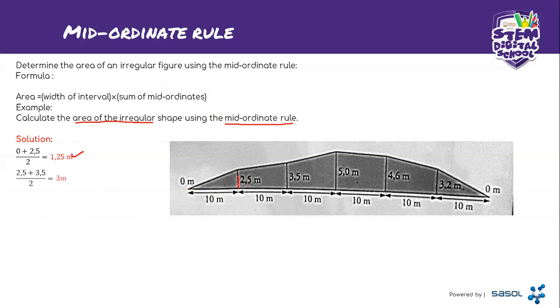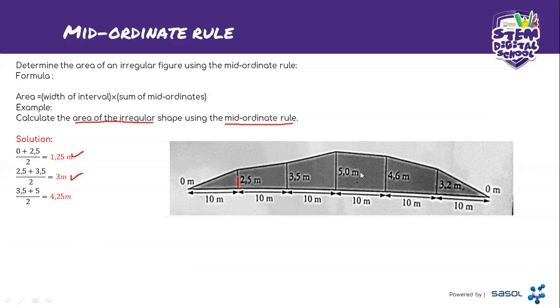Then you do the same with the next: 2,5 plus 3,5, divided by 2, gives us 3. Then 3,5 plus 5,0, divided by 2, gives us 4,25 meter.